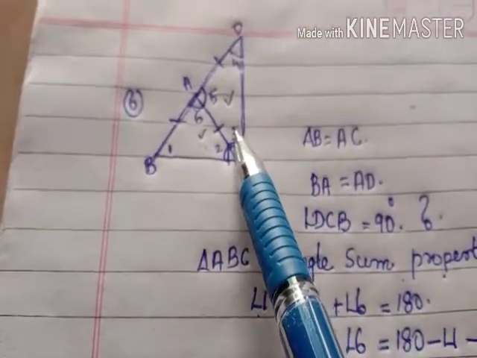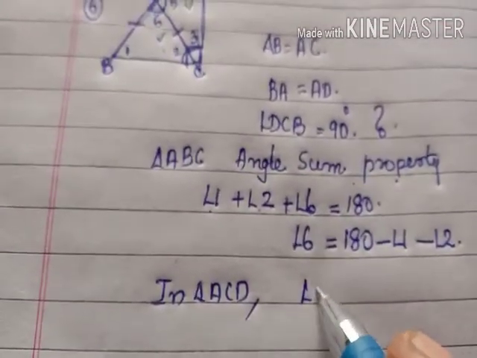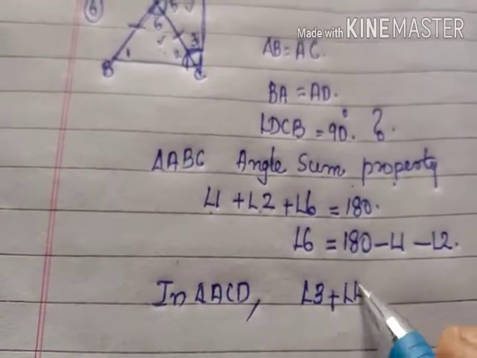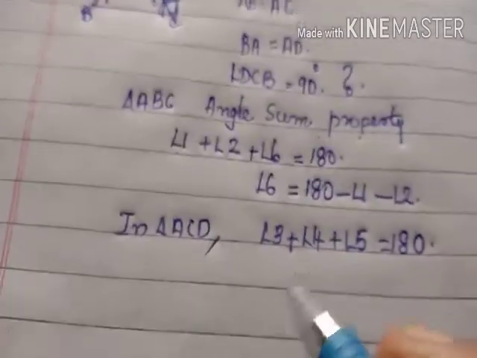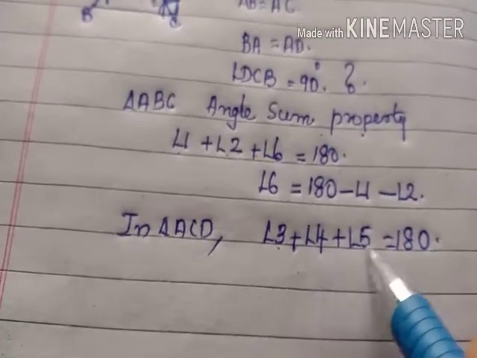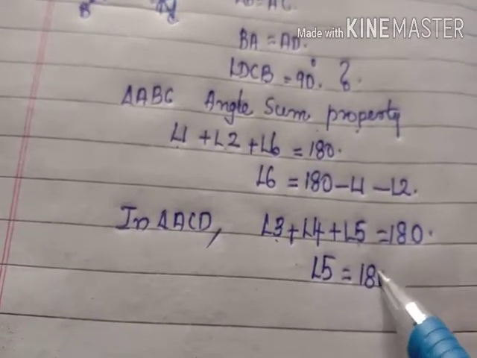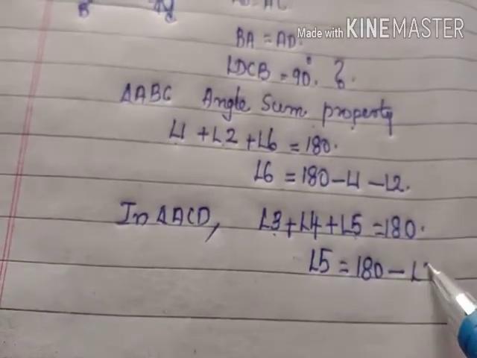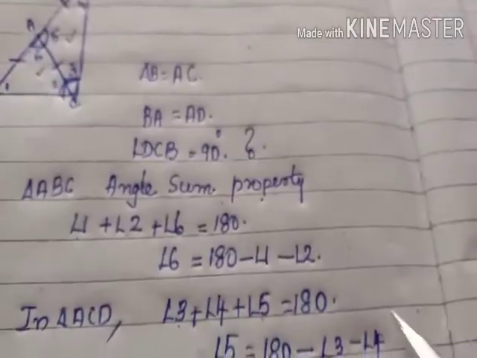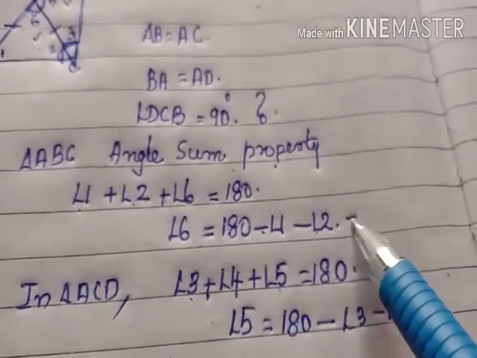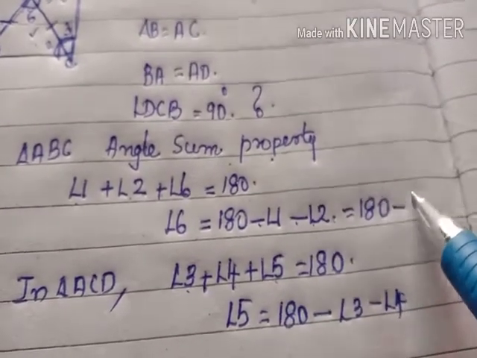Here angle 3, angle 4, angle 5, so their sum, angle 3 plus angle 4 plus angle 5, equals 180. So what is angle 5? Take angle 3 and angle 4 to the right side, so plus becomes minus. So 180 minus angle 3 minus angle 4. So we have angle 6 and angle 5.